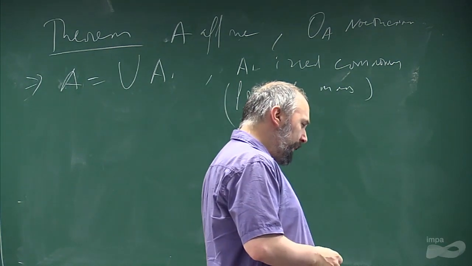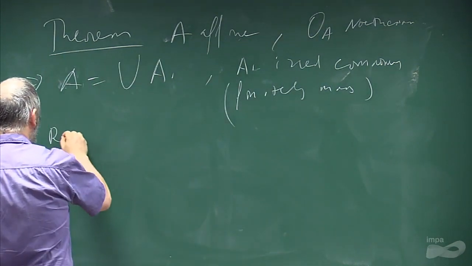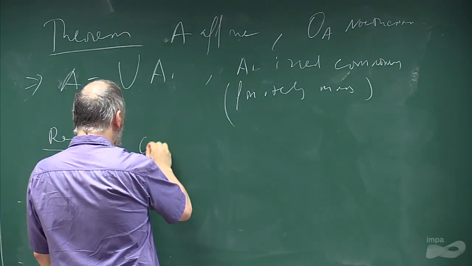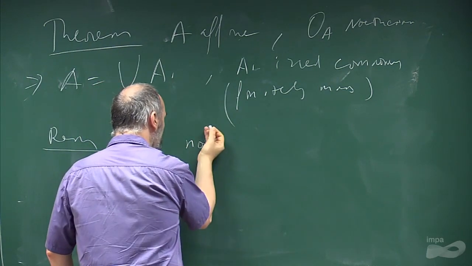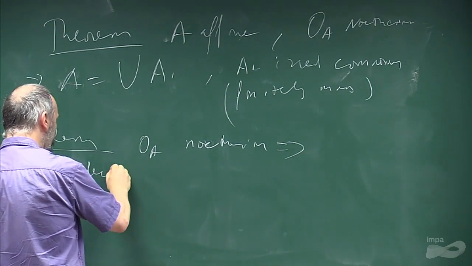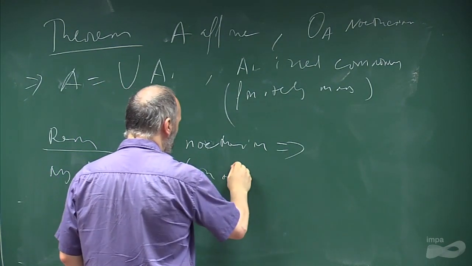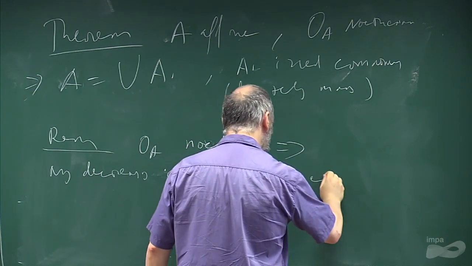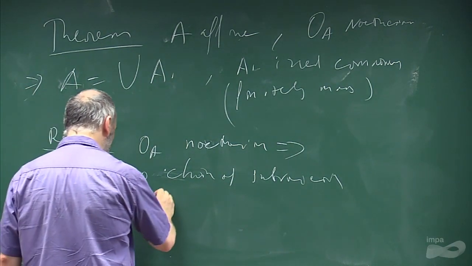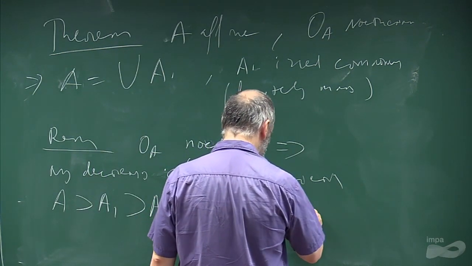However, if you have a decreasing infinite chain of algebraic varieties, so remark, this is the only thing I'm going to use from Noetherianity: if O(A) is Noetherian, then any decreasing chain of subvarieties, like A containing A1, containing A2, containing A3, stabilizes.